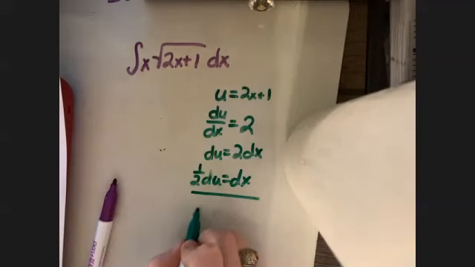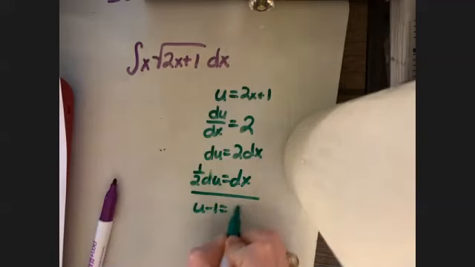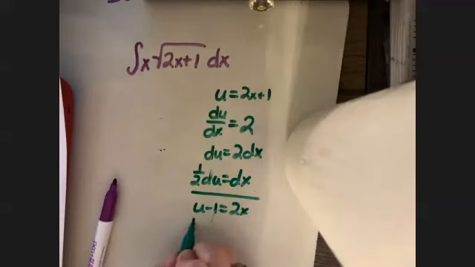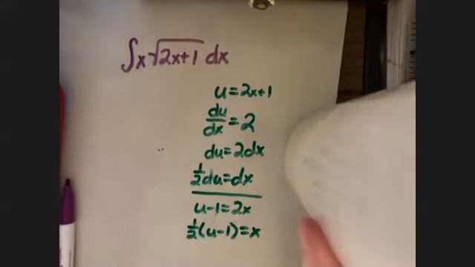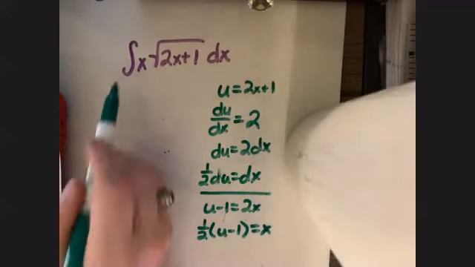So I've got u minus 1 equals 2x. I have 1/2 times u minus 1 equals x. Like I said, this one's a little bit weird because of that extra thing.